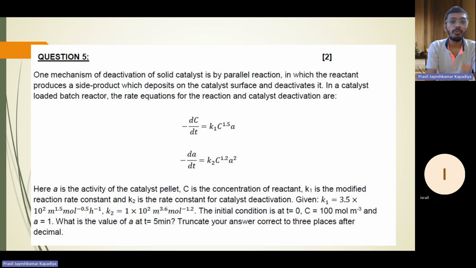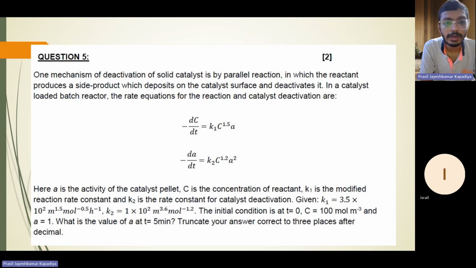One mechanism of deactivation of solid catalyst is by parallel reaction, in which the reactant produces a side product which deposits on the catalyst surface and deactivates it. Okay, so this is a common phenomenon when we are dealing with processes of solid catalyst.